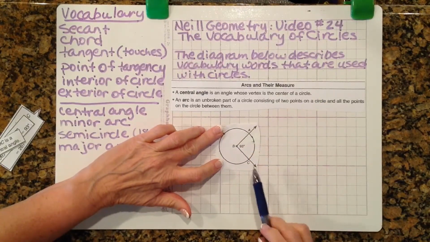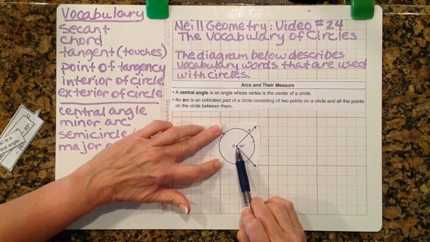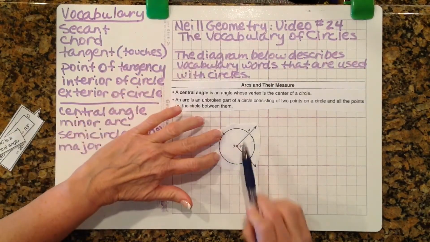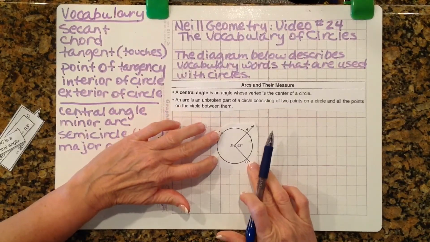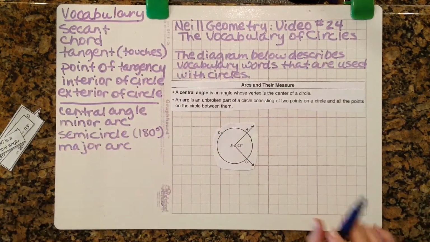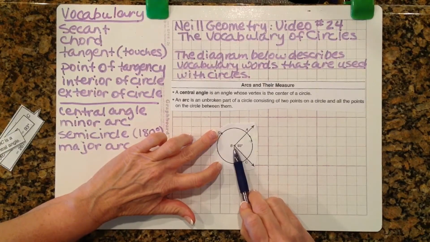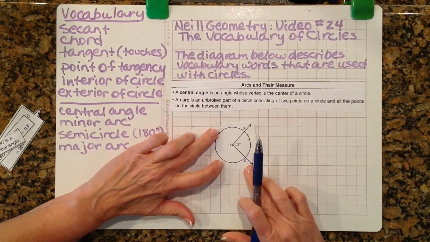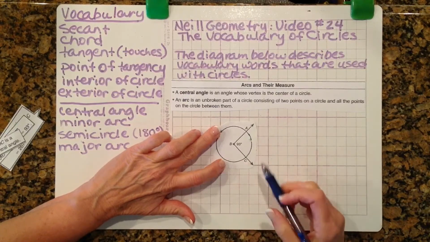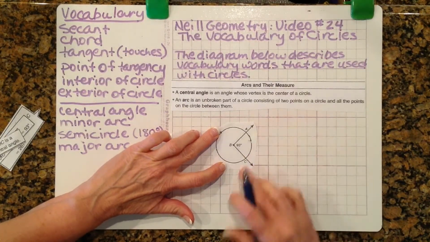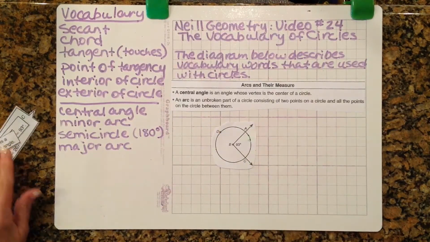And the vertex of the angle may be on the center, it may be on the circle, it may be outside the circle. So there's about 4 different ways that we're going to view angles and circles. But the very first one, and the one you're used to and you use the most, is the central angle. And it's right on the center. That's the center of the circle right there. So the measure of the angle is the same as the measure of the arc. And we'll get to more of that in just a minute.